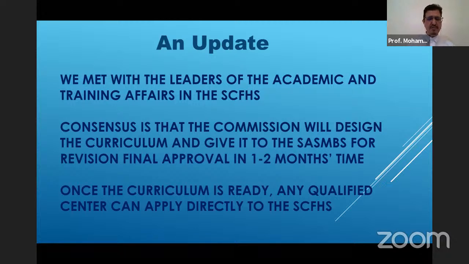So that's the up-to-date issue. I hope in 1 to 2 months, the program will be ready for applicants, and hopefully more centers will fit the criteria and train people according to what we have mentioned earlier.